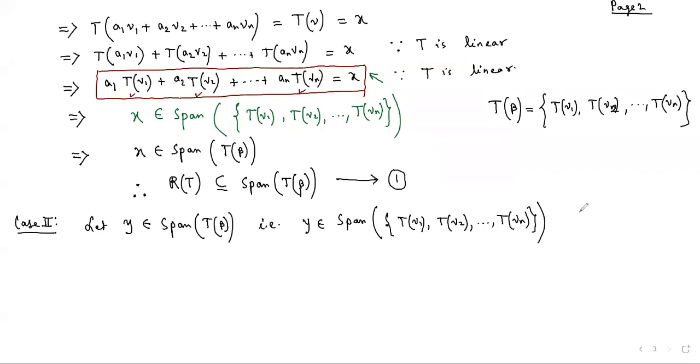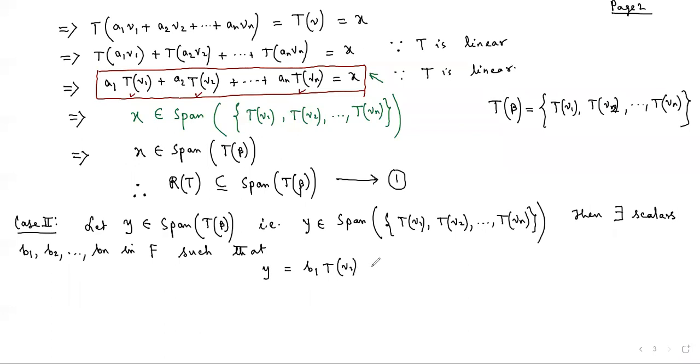Now, if it is so, then there exist scalars b1, b2, ..., bn in F such that Y can be expressed as the linear combination of these elements, b1 into Tv1 plus b2 into Tv2 plus ... plus bn into Tvn.